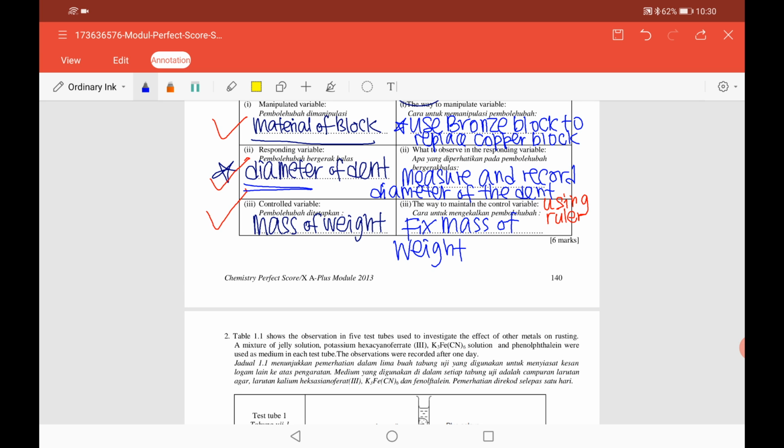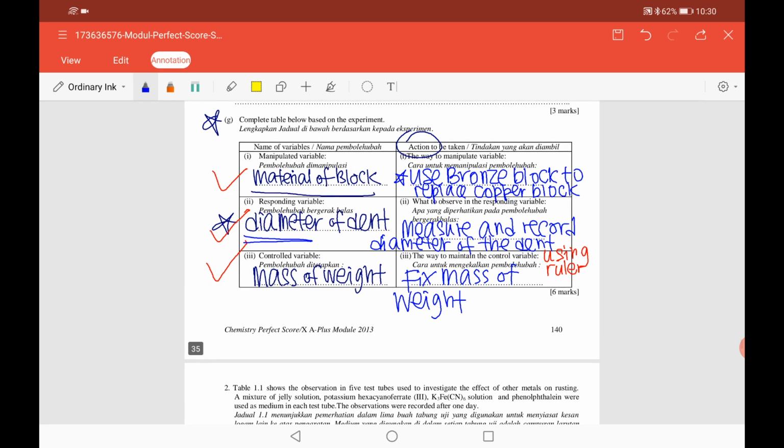When we come to the action to be taken, give your answer in a bit more detail: fix the mass of the weight at 1 kilogram. So we will know that for all the experiments, we always use the weight at 1 kilogram. This is how you maintain the variable.